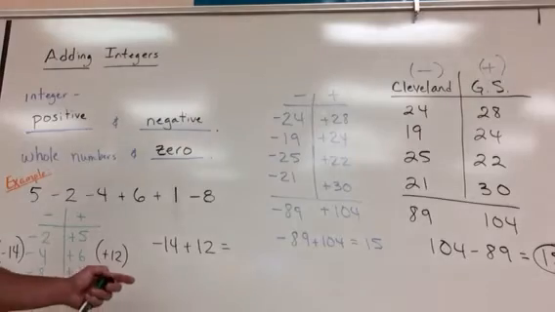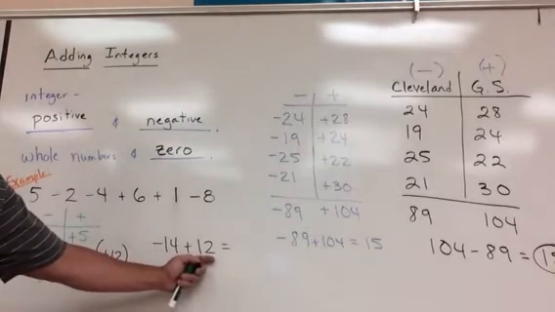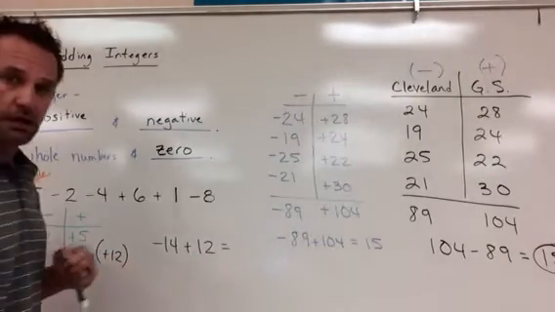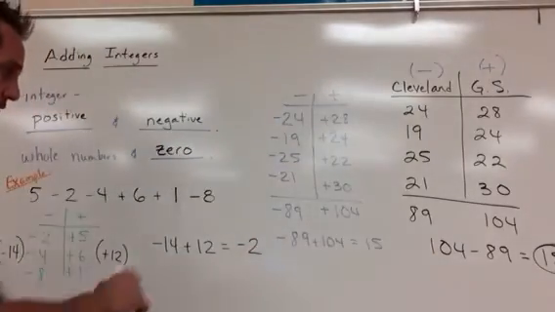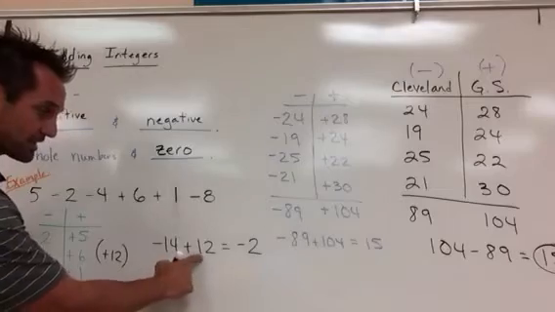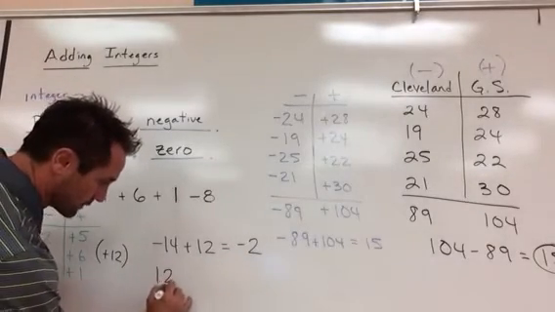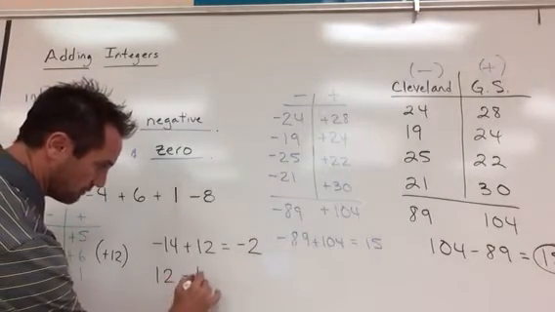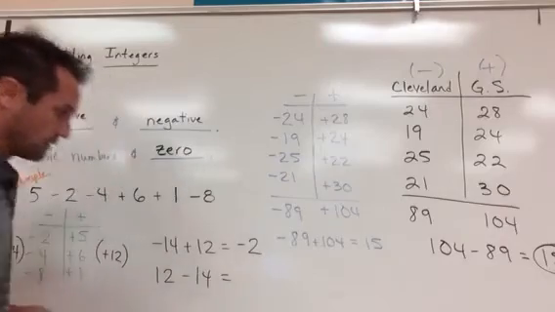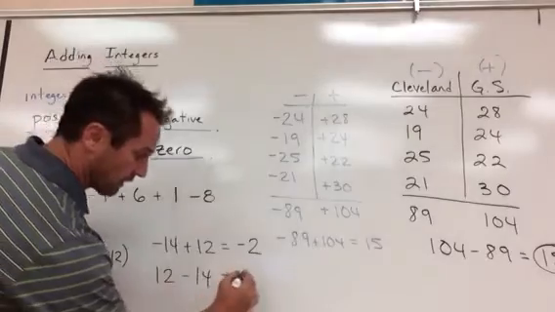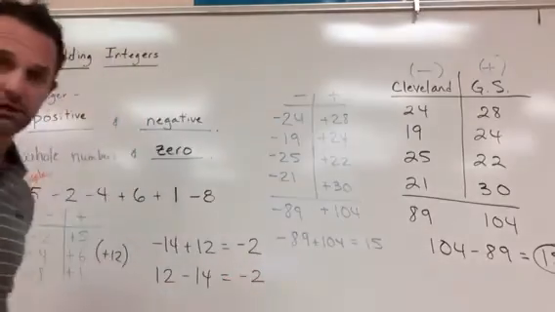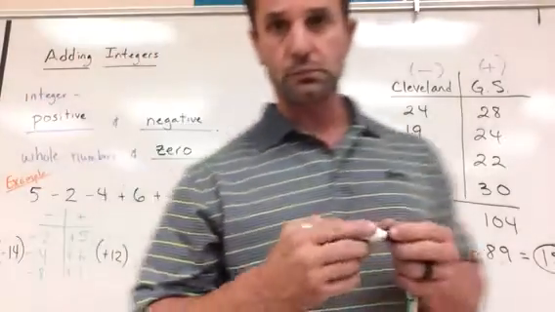Who won the game, the negatives or the positives? The negatives won, by 2 points. Or the other way you could write it, if you like the positive team better, is positive 12, negative 14. Who won? The negatives again, by a score of 2 points.